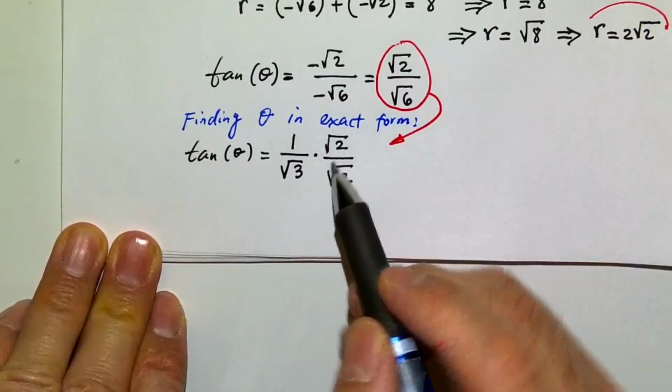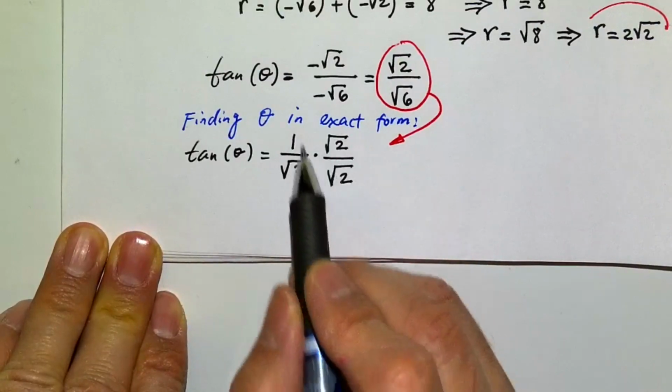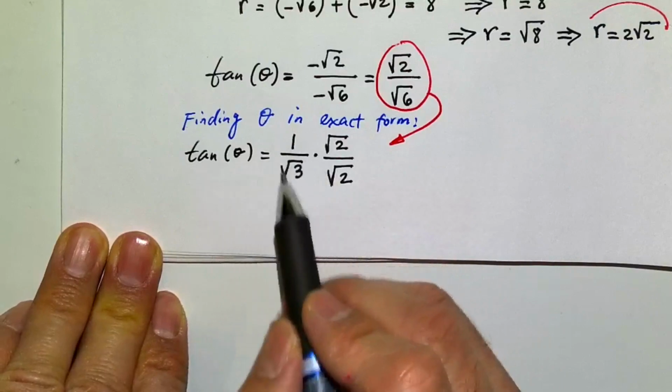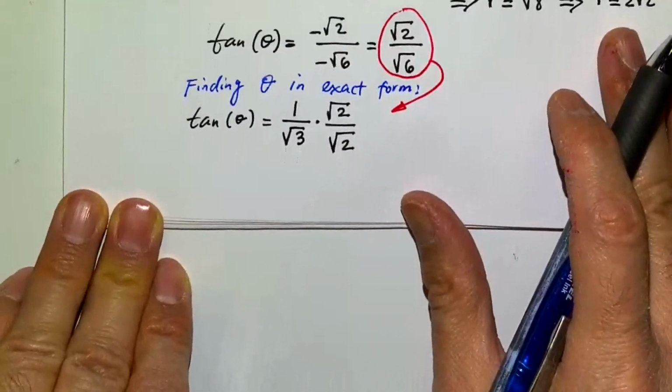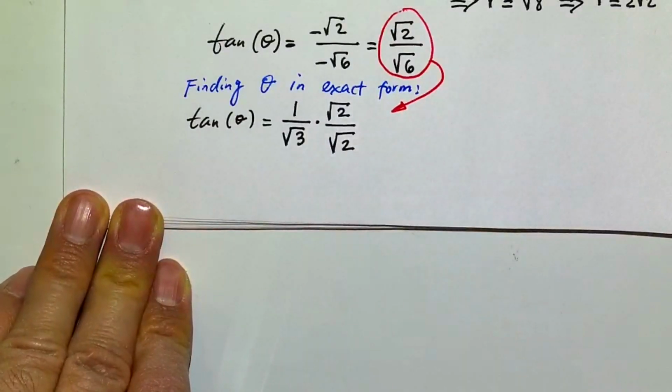So now that we have that, we know this piece is just 1, and so 1 times that, we found the reference angle for the actual angle we're looking for.